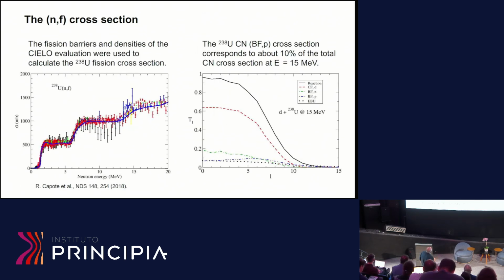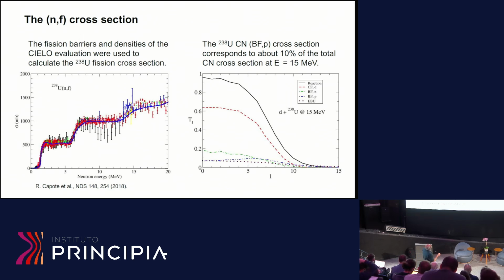In order to do that, you have to have a reasonable calculation of the fission. What we used for this is a fairly recent evaluation of the neutron plus uranium-238. Here's the data, and here the blue line is the fission cross-section that comes out of that evaluation.